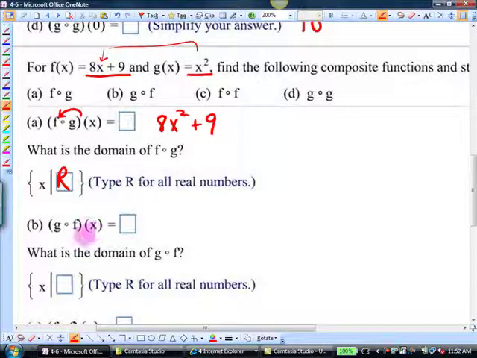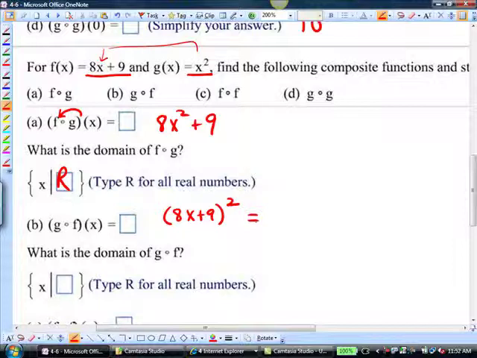All right, what's g of f? That means we're going to take f and put in for here. Be careful with that, because what you're going to have is 8x plus 9 squared, because we took this and put it in here. So you've got to multiply that out.